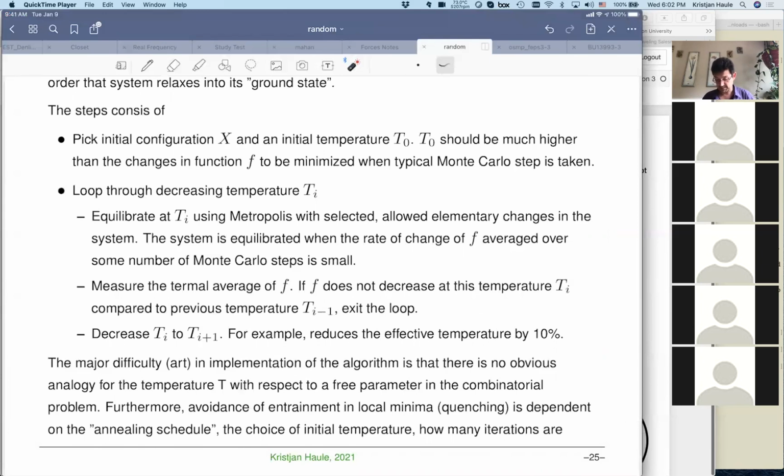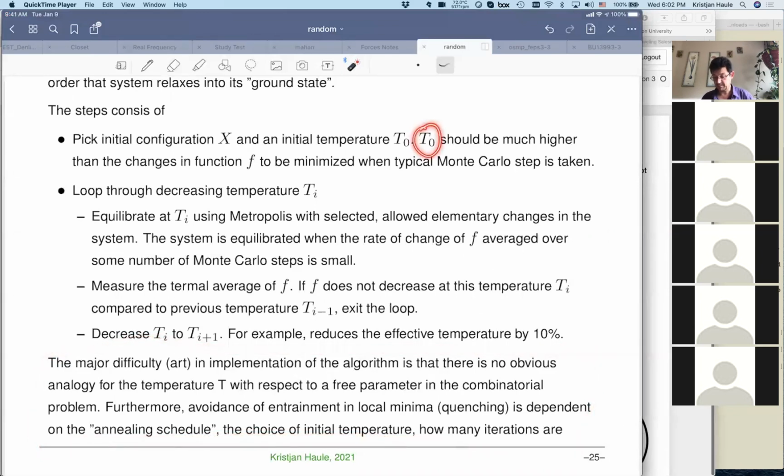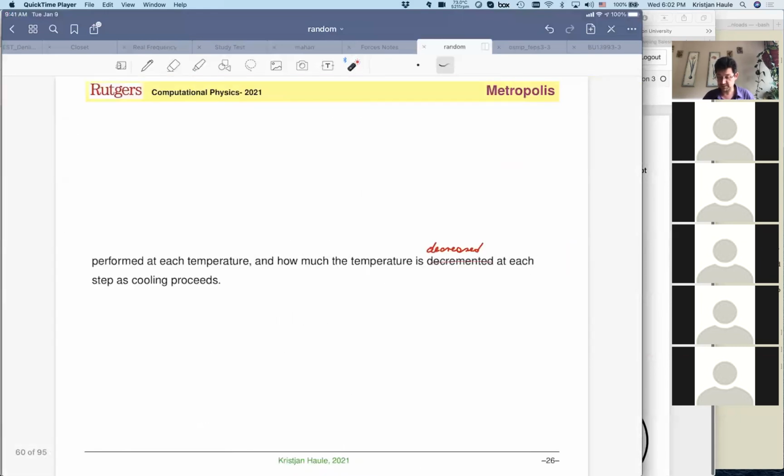So this explains that what the temperature should be is a non-trivial problem. Sometimes it's not clear at all how big the temperature needs to be, but it has to do with the typical value of the function. And of course, the moves are the difficult part. What to take for the moves is highly non-trivial.